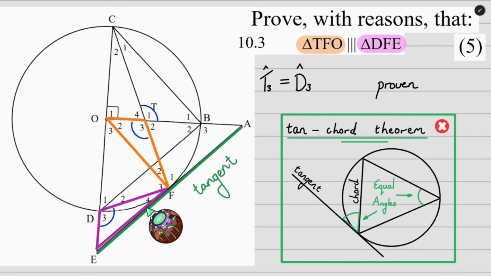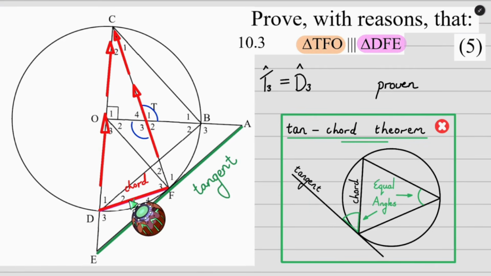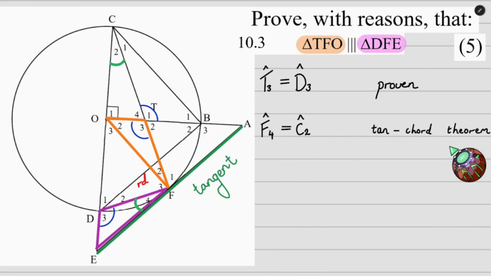So the angle between the tangent and the chord, so angle F4, identify my chord as DF, follow that on both sides up to the circumference, and it's going to take me to C2. So I know that F4 is the same size as C2. And we write it out just like this.